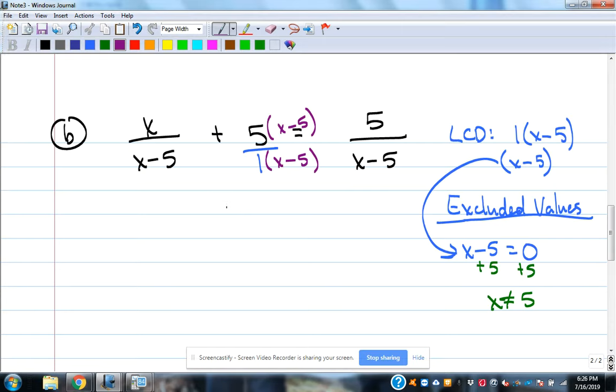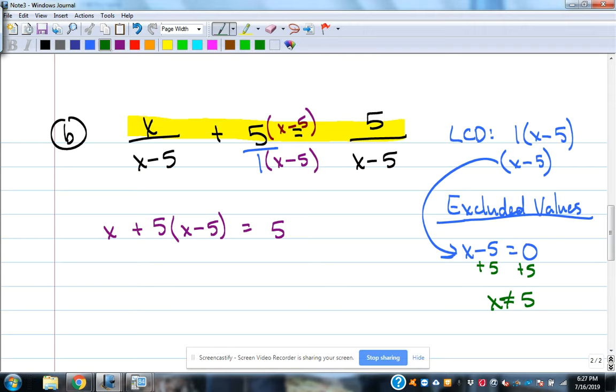We're doing all the work so that we can get rid of the denominators, and all we've got left is this equation right up here: x plus 5 times the quantity x minus 5 equals 5. The numerator equation. That's what we're trying to work. And then we're just going to solve this equation.